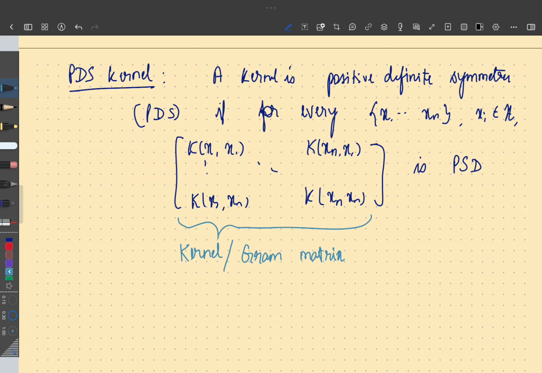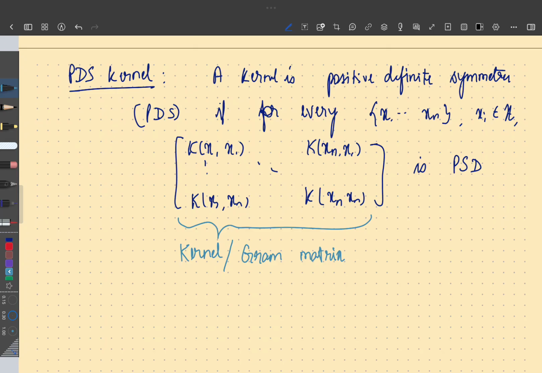If K has to correspond to an inner product between some psi of xi and psi of xj, then clearly this matrix should be positive semi-definite for every x1 through xn. Right? So remember, at this point, a kernel is an arbitrary function. If the kernel corresponds to an inner product between the embedded points in the feature space, then it's an actual inner product.